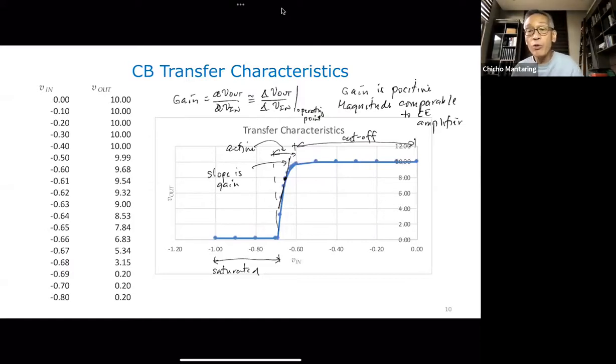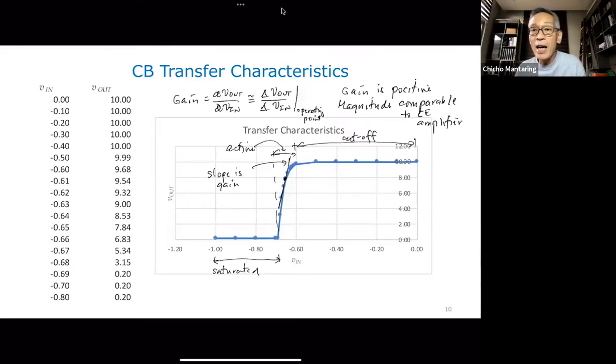Now, later on, you're going to be provided with additional criteria for choosing whether you want a common emitter or a common base. Another important parameter of your amplifier is what we call the input resistance, or the input impedance, that is seen by your input signal.